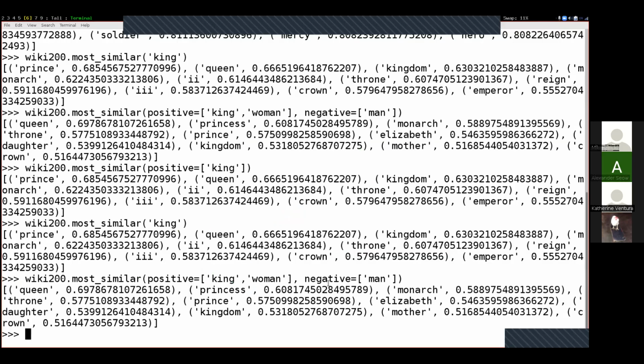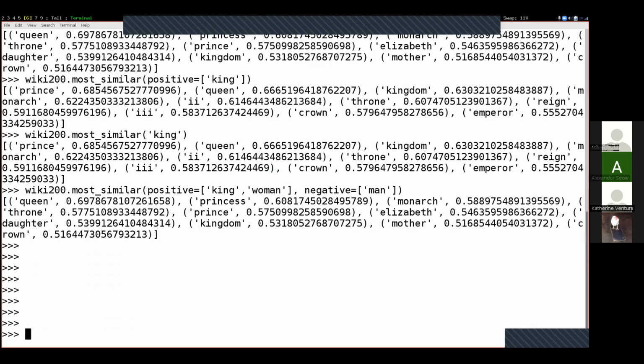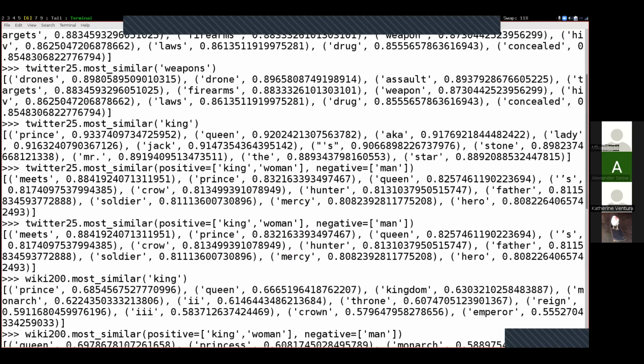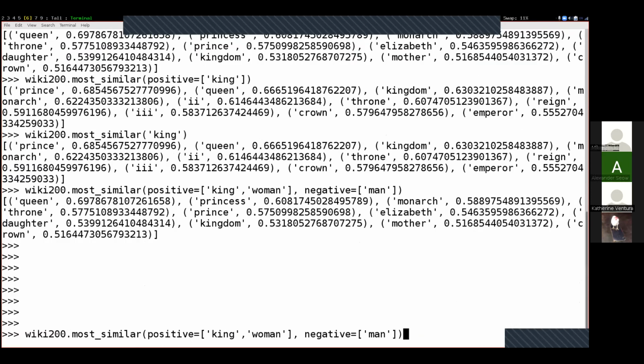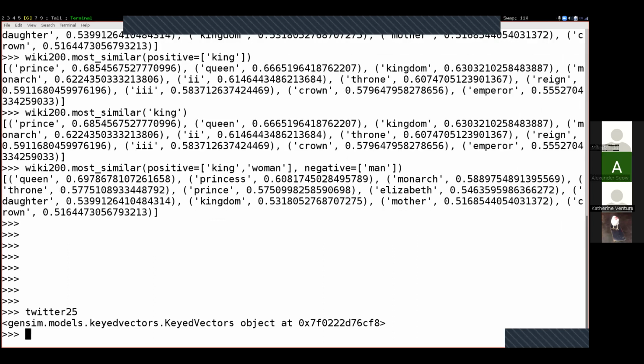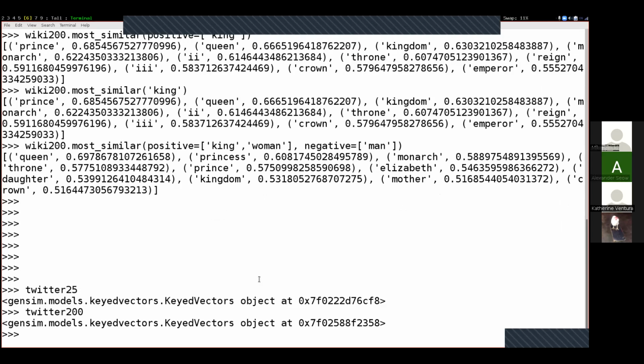GenSim over here. And we have two models that have been trained on the same data, the Twitter Wiki 25 and Twitter Wiki 200. This number over here is a representation of how many dimensions the trained word vectors have.